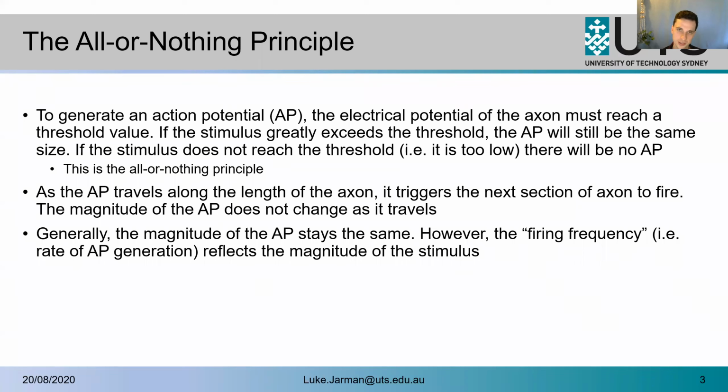Neurons that are able to fire more quickly indicate a stronger stimulus. It's not the actual electrical current that becomes more powerful. It's more to do with frequency, or how rapidly the neuron is being activated.